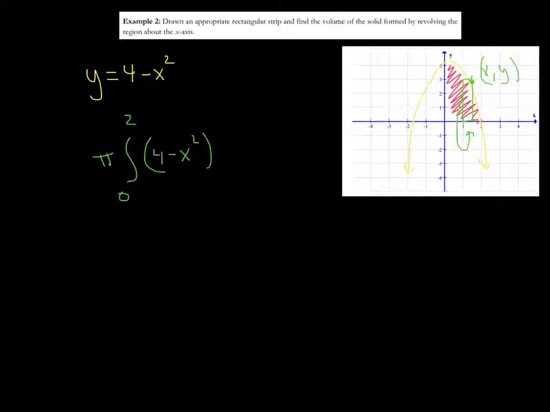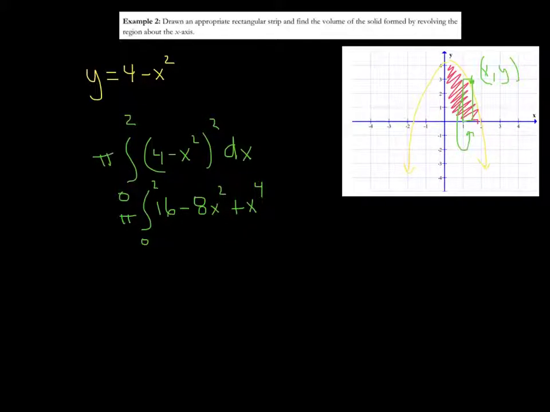And you have to square that. And then dx is making it volume. All right. And so this first one we will do by hand. And so when we square this, it's going to be 16 minus 8x squared plus x to the 4th. And integrating from 0 to 2 and pi.